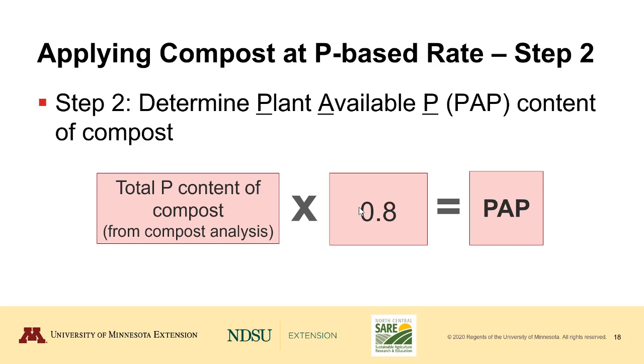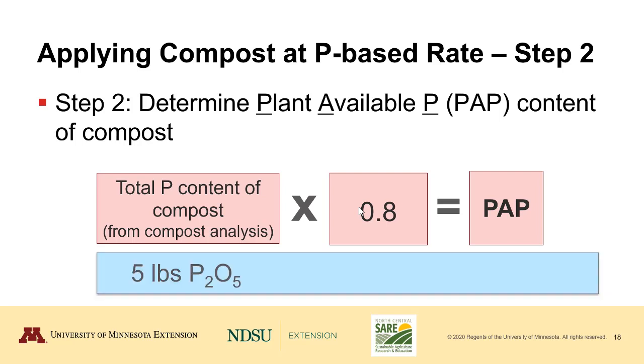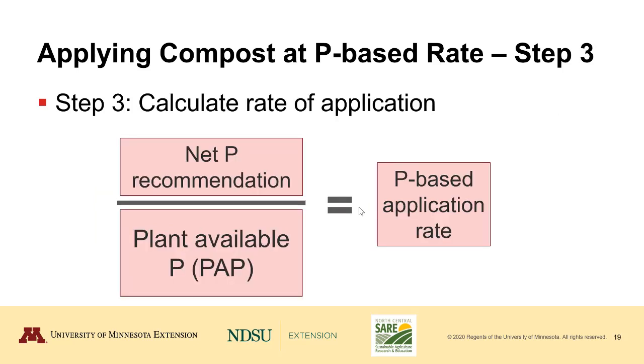Multiply this value by 0.8, because that refers to the 80% availability, and from there you get your PAP, your plant available phosphorus. So in our example, let's say our composted manure has 5 pounds of P2O5 per ton. Multiply that by our availability factor of 0.8, and we get 4 pounds of P2O5 per ton.